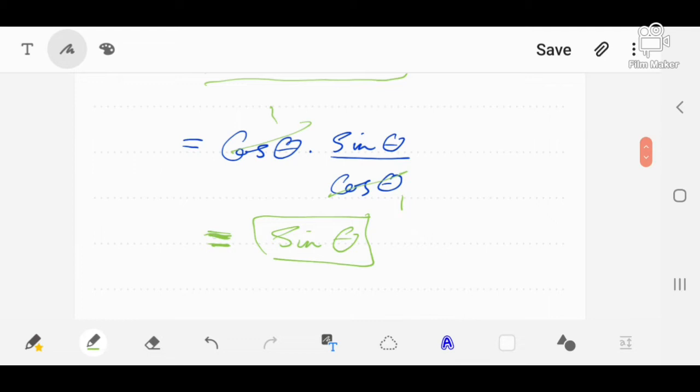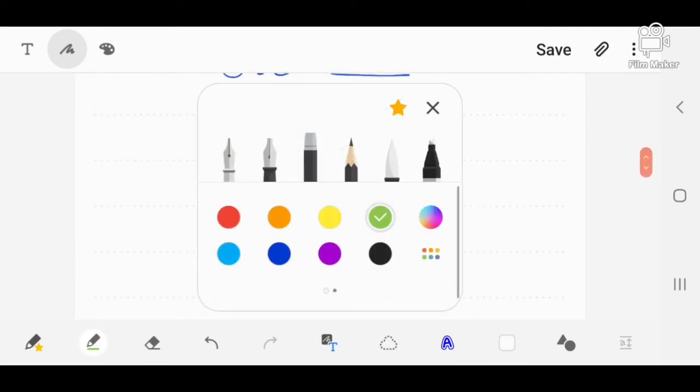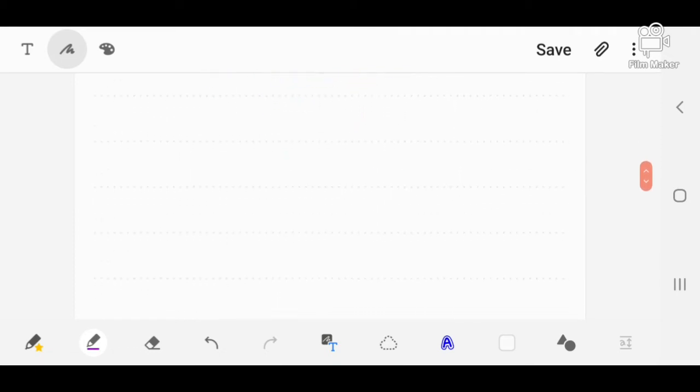Well, these are the basics here. And we also talked about the Pythagorean identities, which were sine squared theta plus cosine squared theta will always be equal to 1, as long as I'm talking about the same angle, of course. Note that here I'm talking about the same angle, theta.